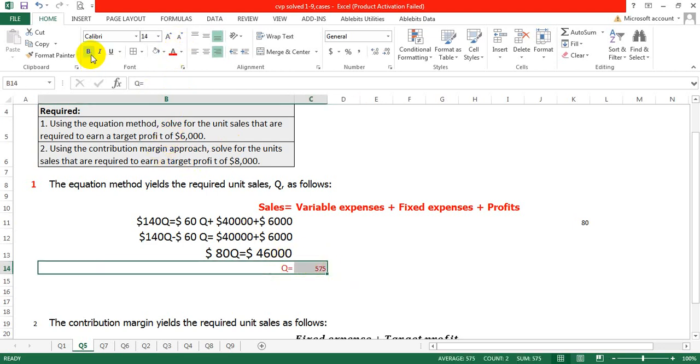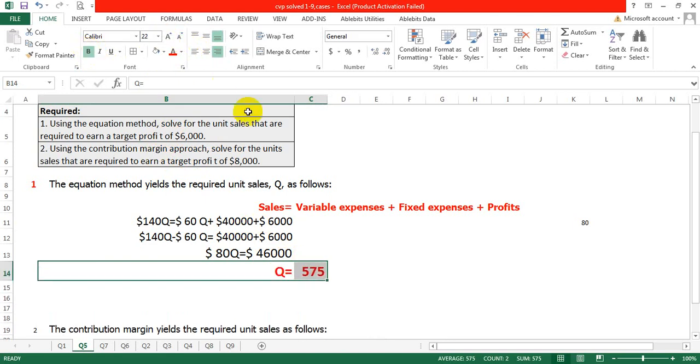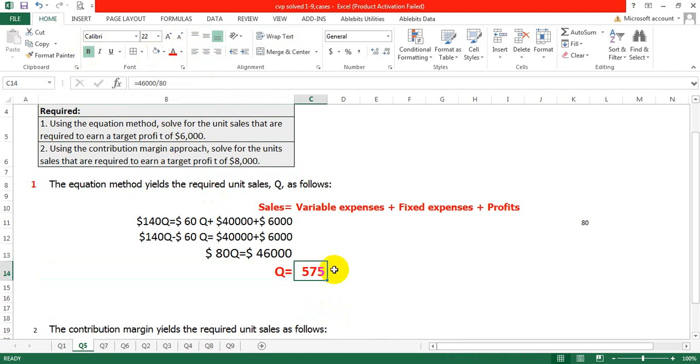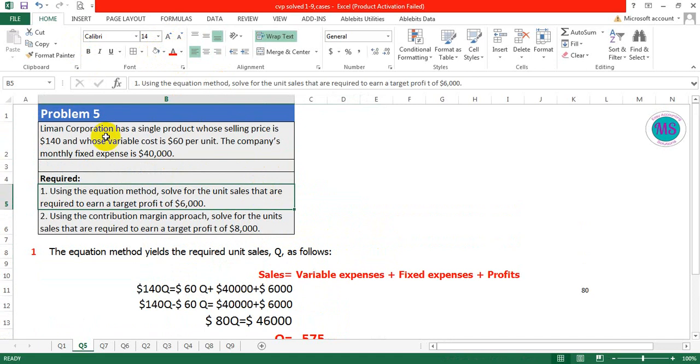If I want to attain the target profit of 6,000, the company must sell 575 units. The organization must sell 575 units to reach this 6,000.